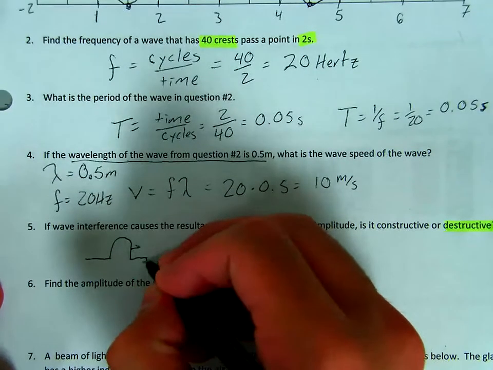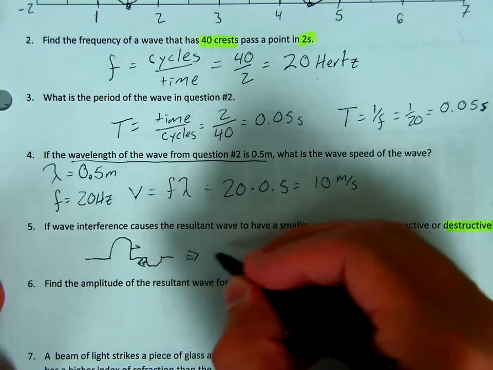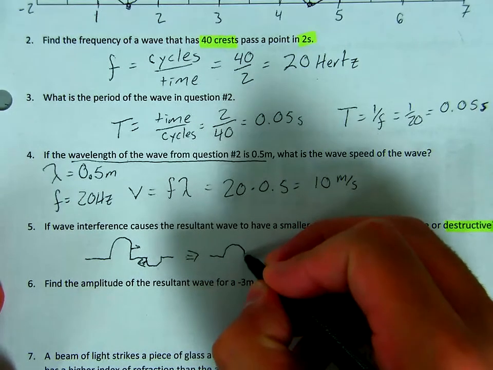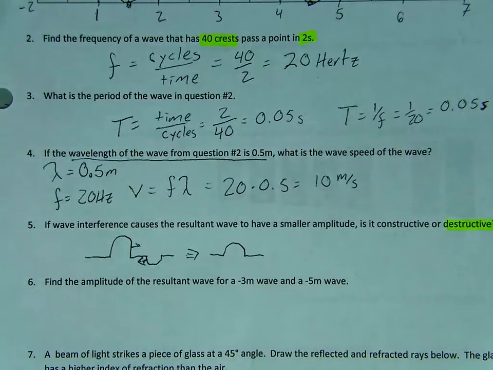When these two overlap, it's going to make a slightly smaller wave. The amplitude's not going to be as great. You wouldn't get as much energy being carried from a destructive interfering situation.